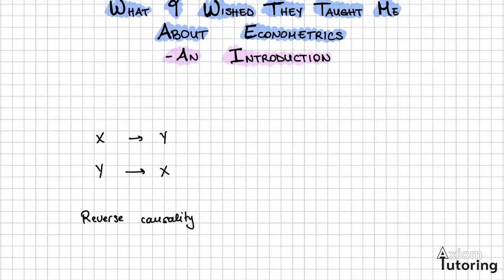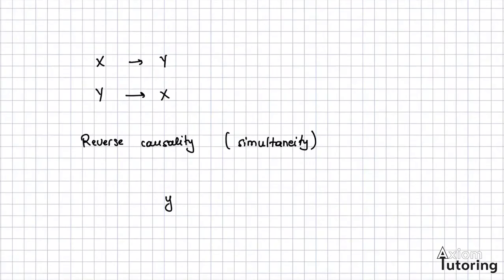So reverse causality, also simultaneity, because while X is causing Y, also Y is causing X. Suppose that you are estimating the usual model Y equals beta 0 plus beta 1 X plus an error term. When we run this regression, we're assuming that the direction is going from X to Y.